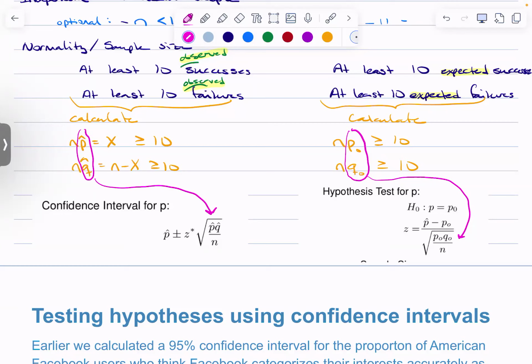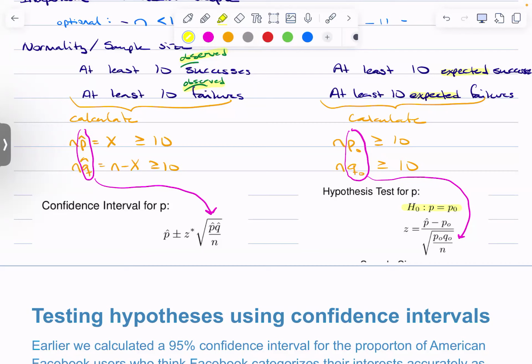So at least 10 expected successes. The expectation comes from the null hypothesis, which means we check our conditions first, but it means that we need to read the question and figure out what our p naught is from the question, right? So we kind of need to establish our null hypothesis before we can check the conditions.